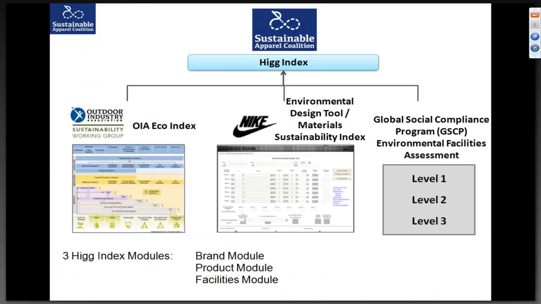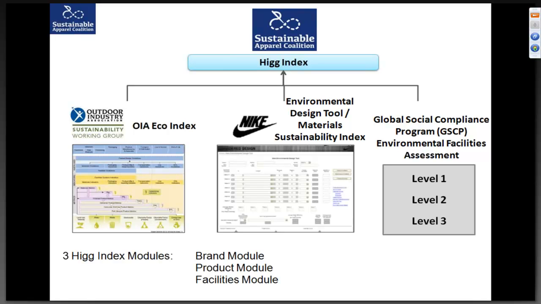Now, incorporation into the HIGG Index. The HIGG Index is part of the Sustainable Apparel Coalition's effort to come up with a unified tool adopted globally to be able to document sustainability at the manufacturing facilities. It also has a brand module and it also has a product module.